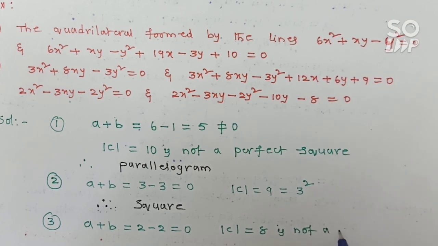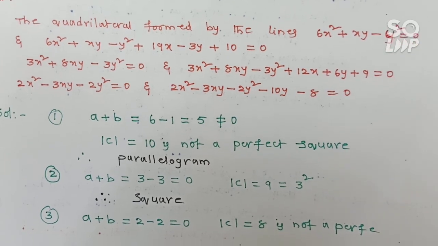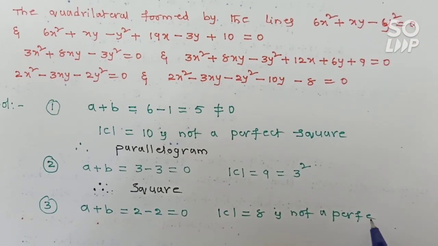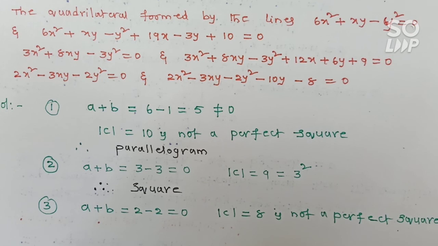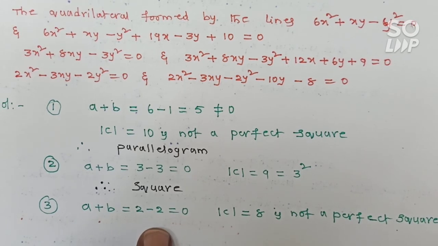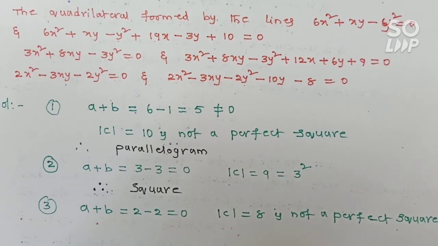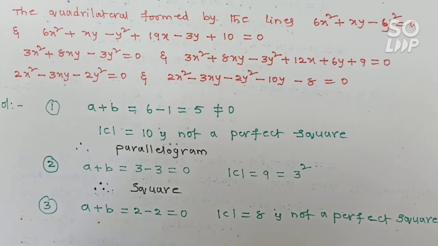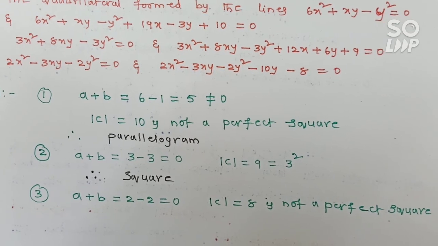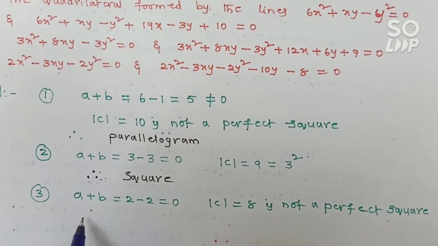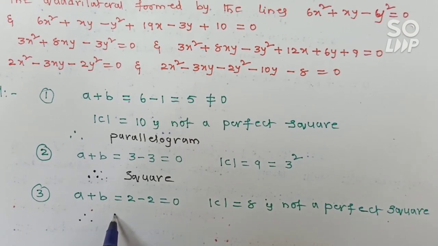So a plus b is 0 and the constant is not a perfect square, which means the quadrilateral is a rectangle. Therefore the quadrilateral is a rectangle.